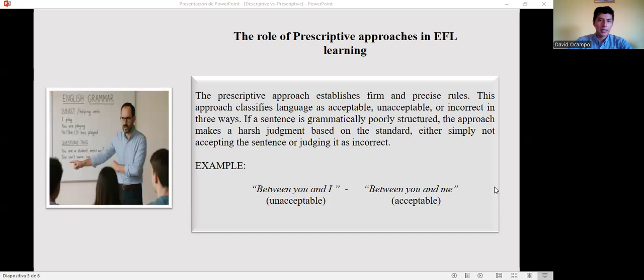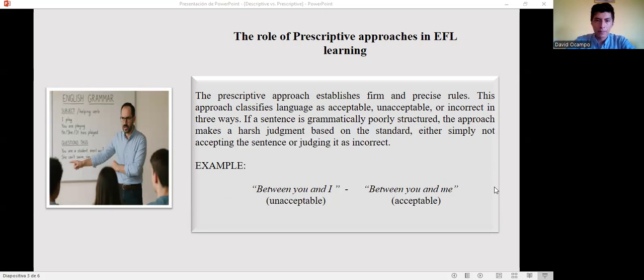Now, the prescriptive approach also plays a very important role in teaching the English language. For example, the prescriptive approach establishes firm and precise rules. This approach classifies language as acceptable or not acceptable, or incorrect.